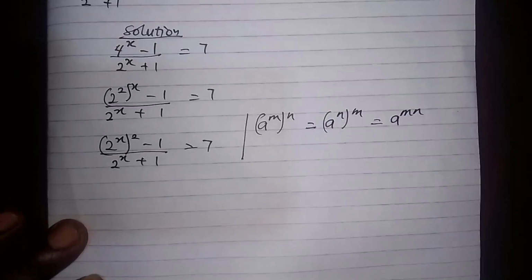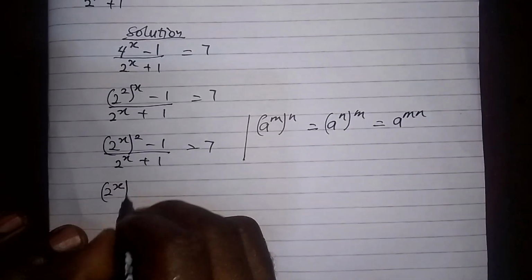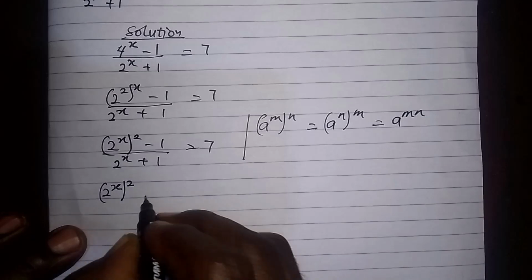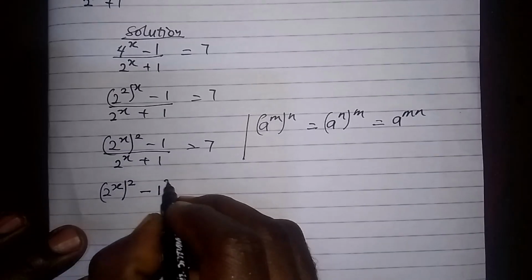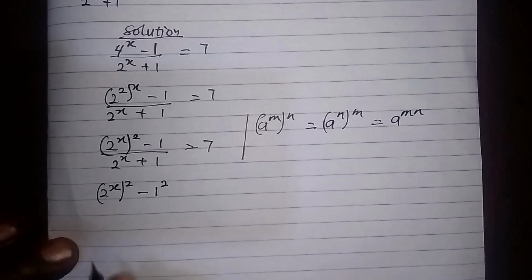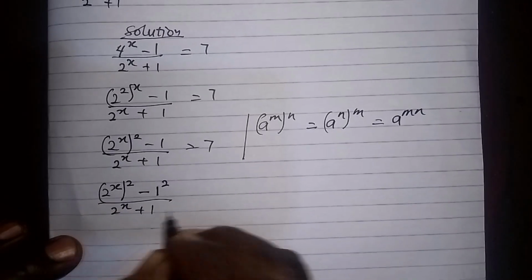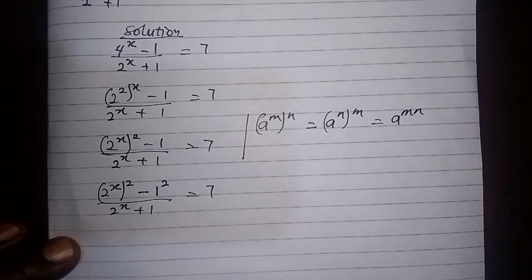From this, I can have 2 to the power x all to the power 2 minus 1 squared. That is 1 to the power any number is the same as 1, all over 2 to the power x plus 1 equals 7.